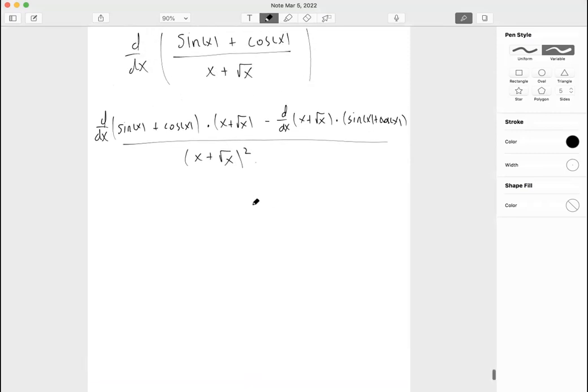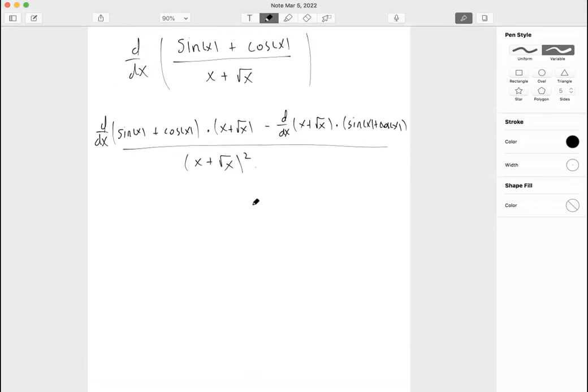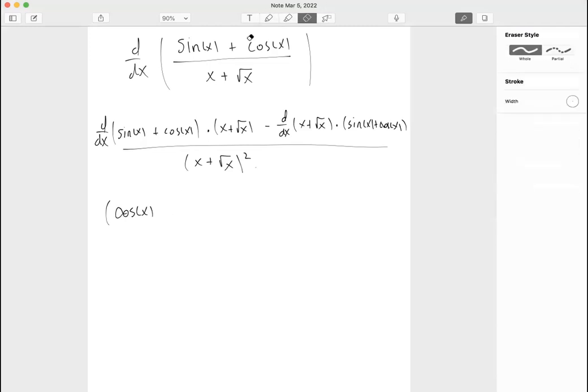Okay, so this is the quotient rule, right? So how do we do the first one? The derivative of sine is cosine, plus the derivative of cosine is negative sine.